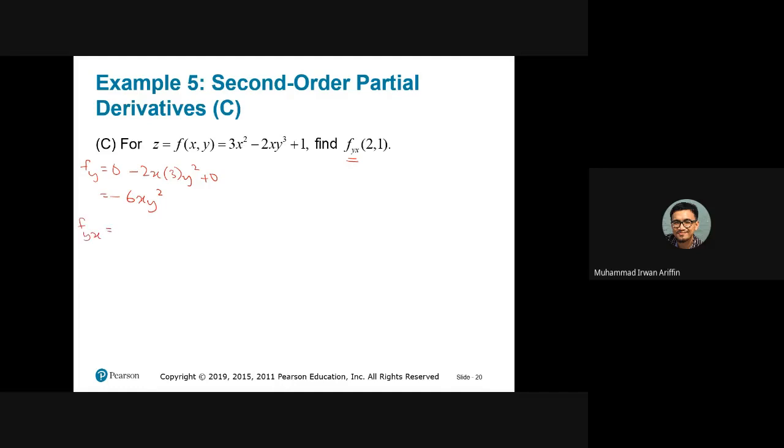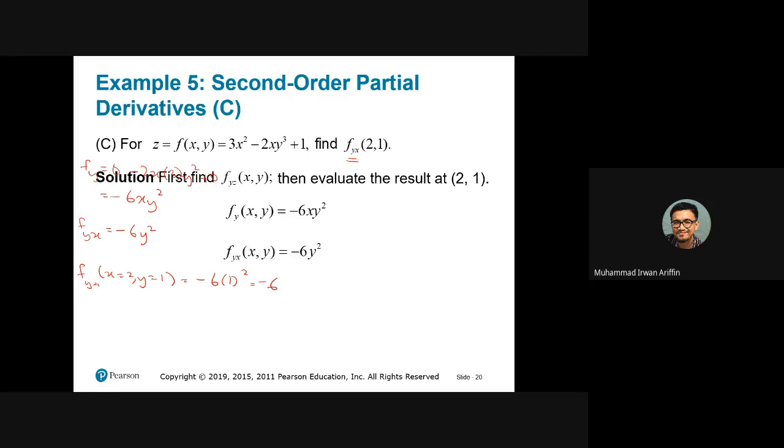There is an x here, which is to the power of 1, so this becomes negative 6y squared. Now I need to substitute. What is my f sub yx when x equals 2, y equals 1? Negative 6 times 1 squared equals negative 6. And that's it.